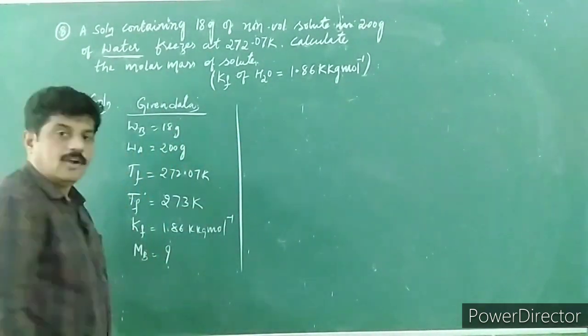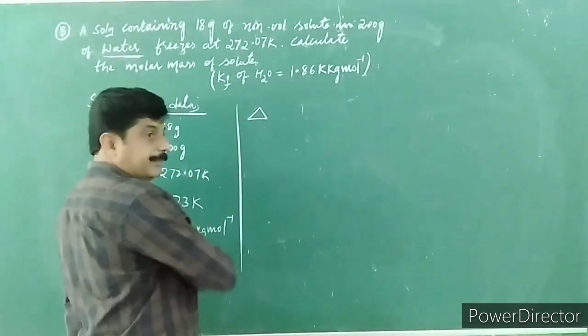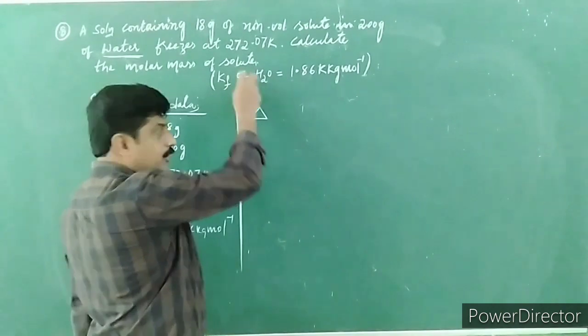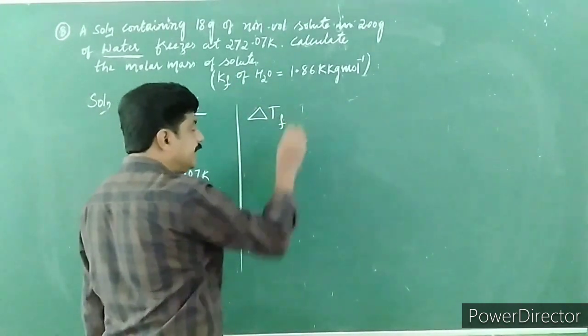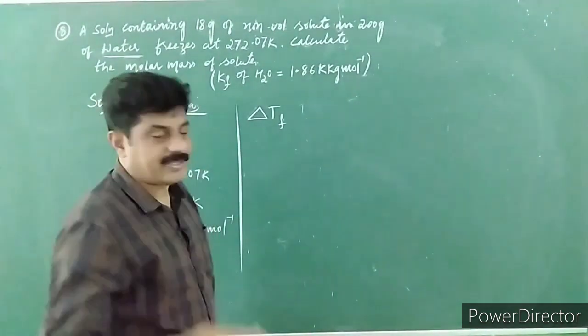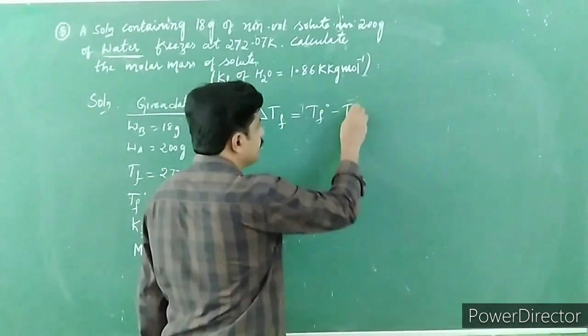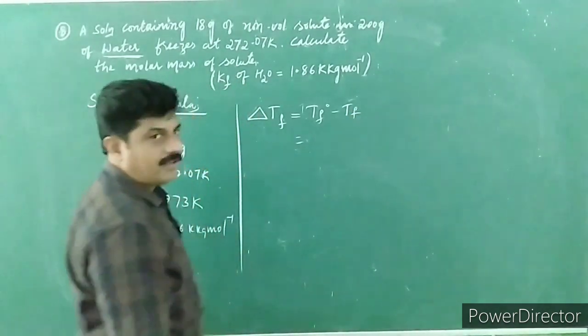Okay. Now, for calculating MB of the solute, you should know what delta TF is. What is delta TF? Depression in freezing point, and you know the expression for that. Delta TF is equal to TF naught minus TF. And what is TF naught?